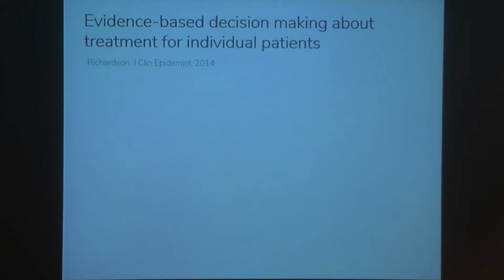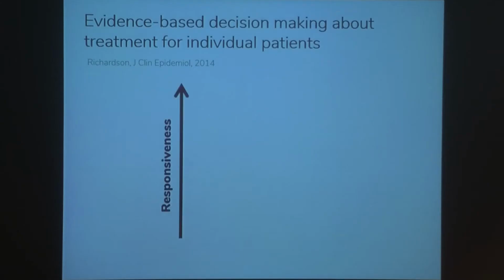And to answer this question, or at least to put some additional questions on the table, I wanted to bring here the work by Richardson, 2014, where the authors give us some clues as to which dimensions determine evidence-based decision-making about treatment for individual patients.